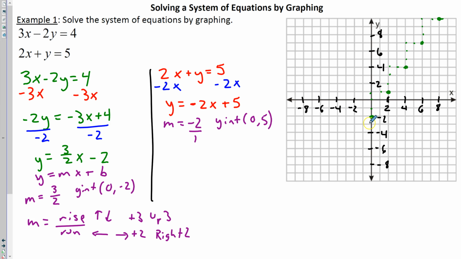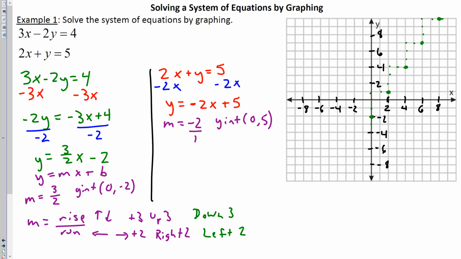The good news is you can find those points, you just reverse the direction that you found for rise and run. So rather than going up 3, I could go down 3 units, but then to compensate, I have to also reverse the run piece. So rather than going right, I would go left 2.